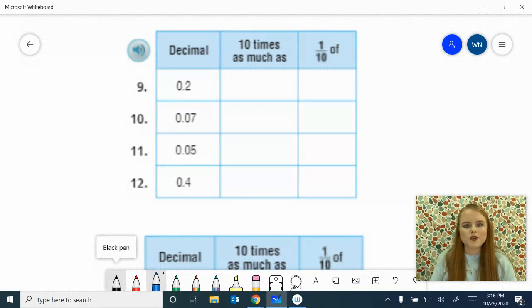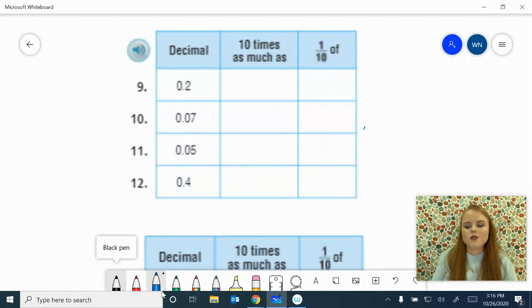All right, so I'm going to remind you how we're going to read our chart.